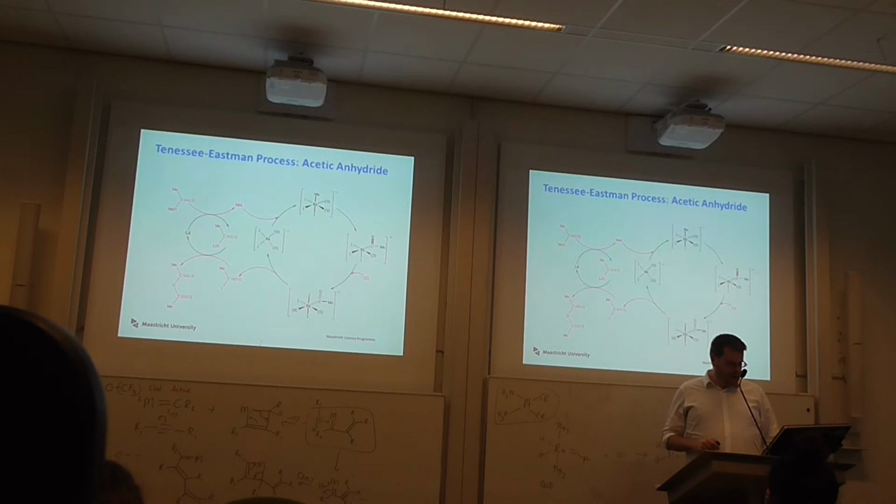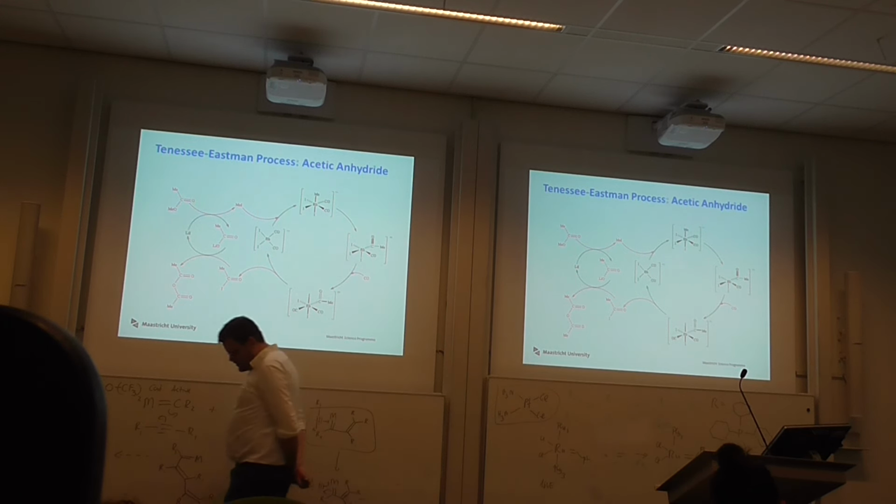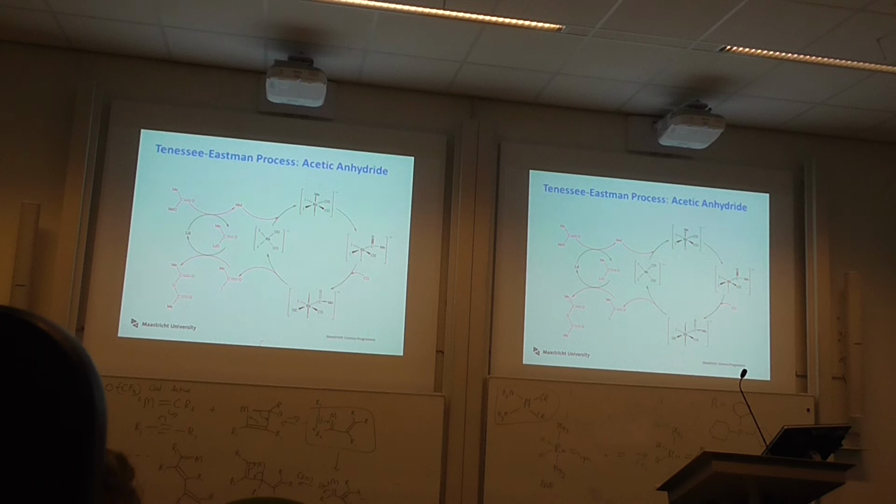So, the next process, we're looking now at carbonylation reactions. This is called the Tennessee-Eastman process. This is also a type of carbonylation reaction. We use, again, the same catalyst that we're using in the Monsanto acetic acid process.